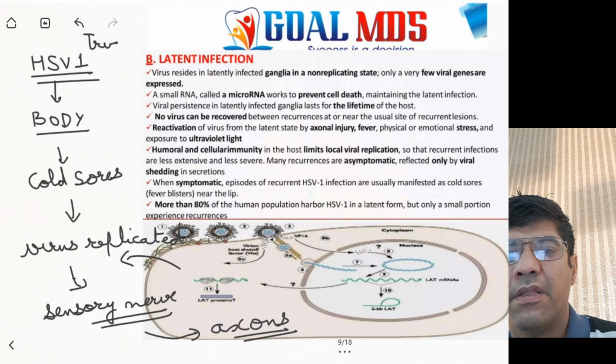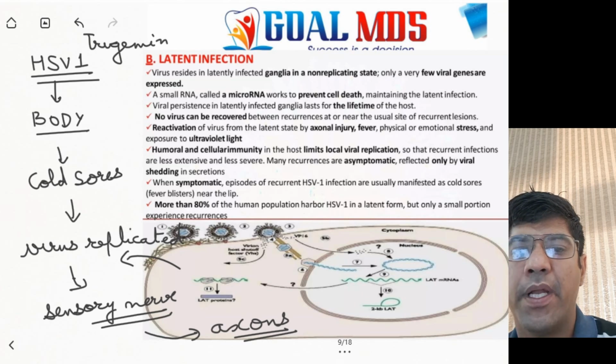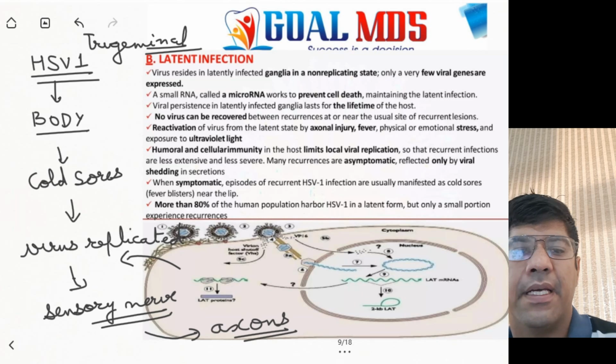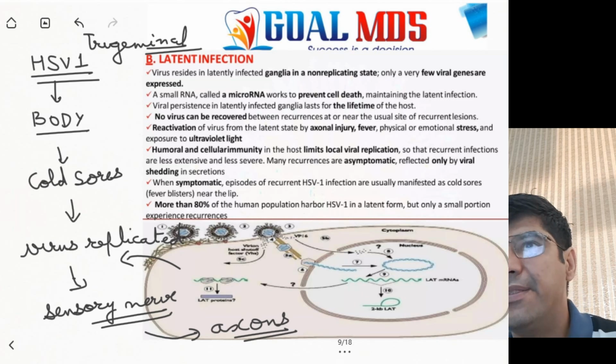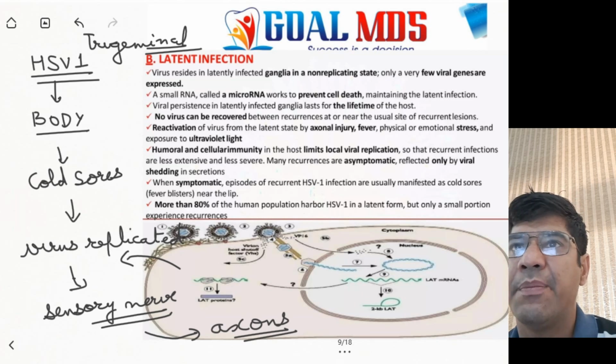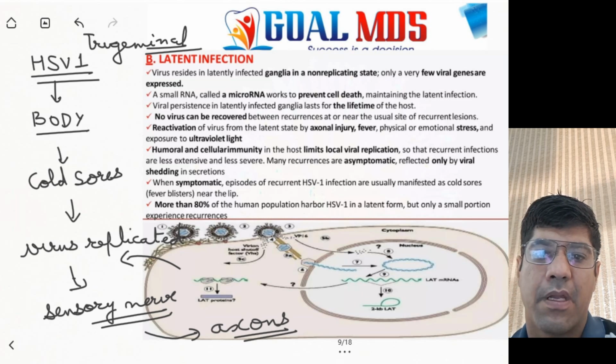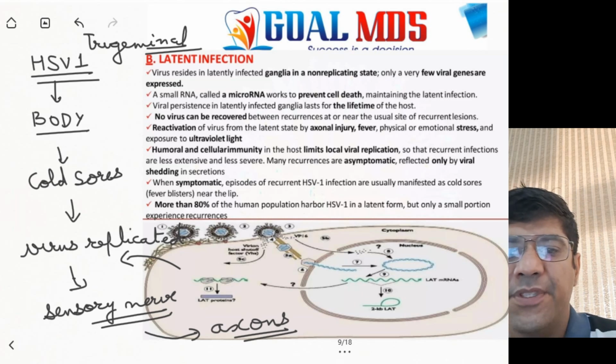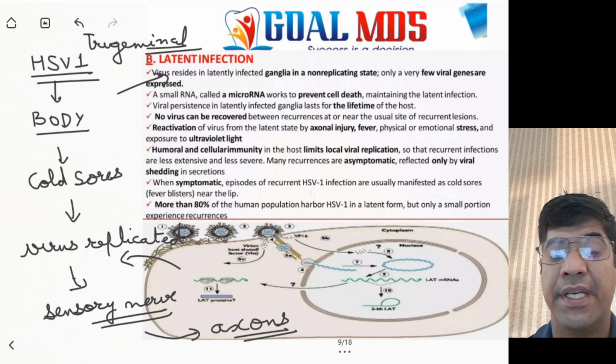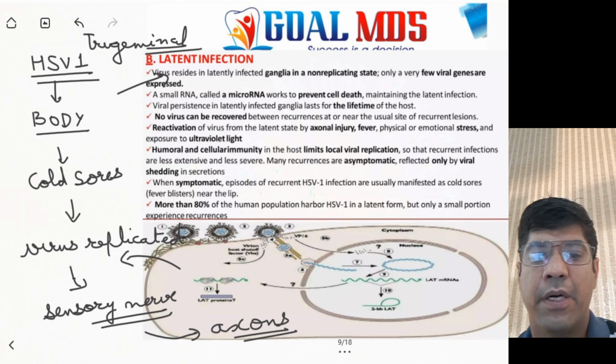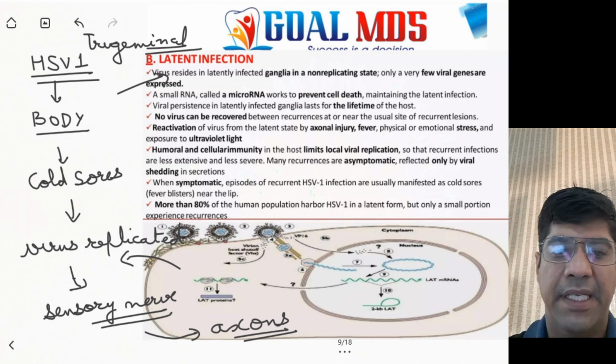Once the virus reaches the nerve cells in the ganglion, it enters a latent state. What does that mean? A latent infection means the virus becomes inactive and does not cause any symptoms. It hides out in the nerve cells.